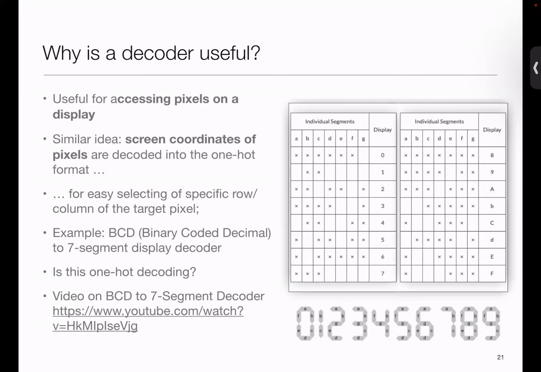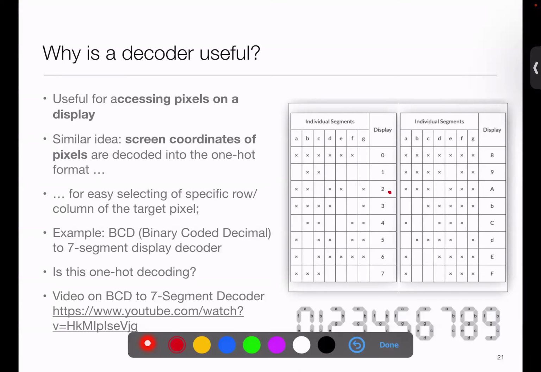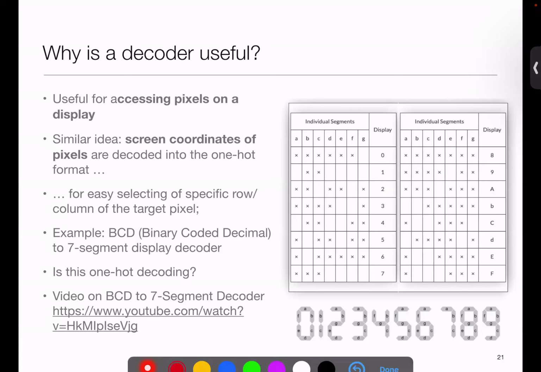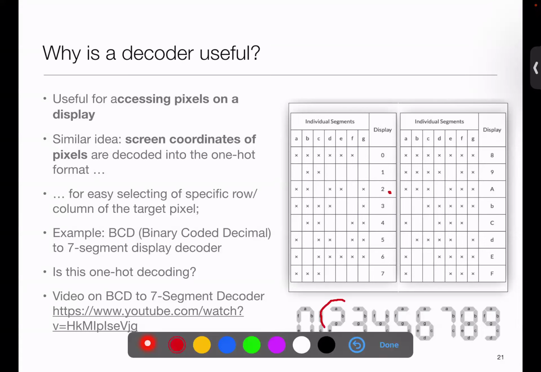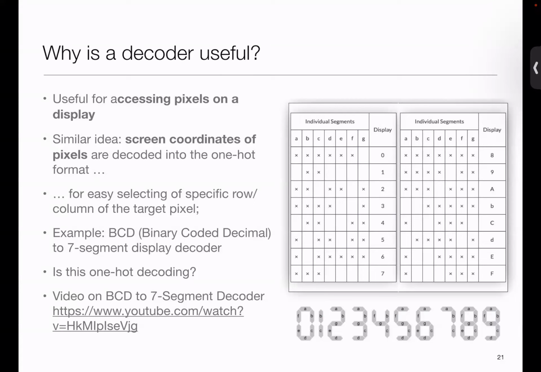And so this is often called a binary coded decimal to 7 segment display decoder, right? Because we display digits 0 through 9, and depending upon what the digit is, we have to turn on the right segments. So this table is an attempt to show that. For example, let's say I want to display the digit 2. If you look at the digit 2 here, you see A, B, E, D, and G, those segments are on.